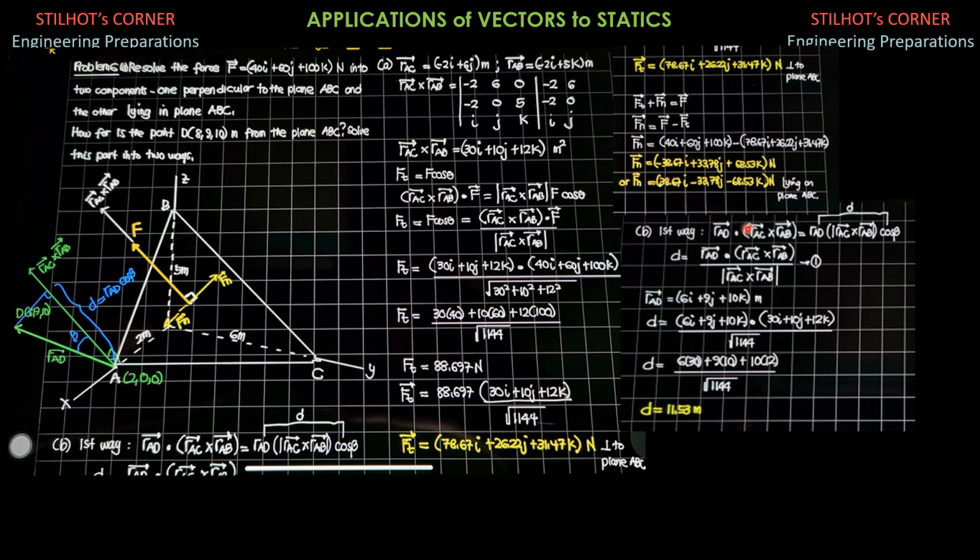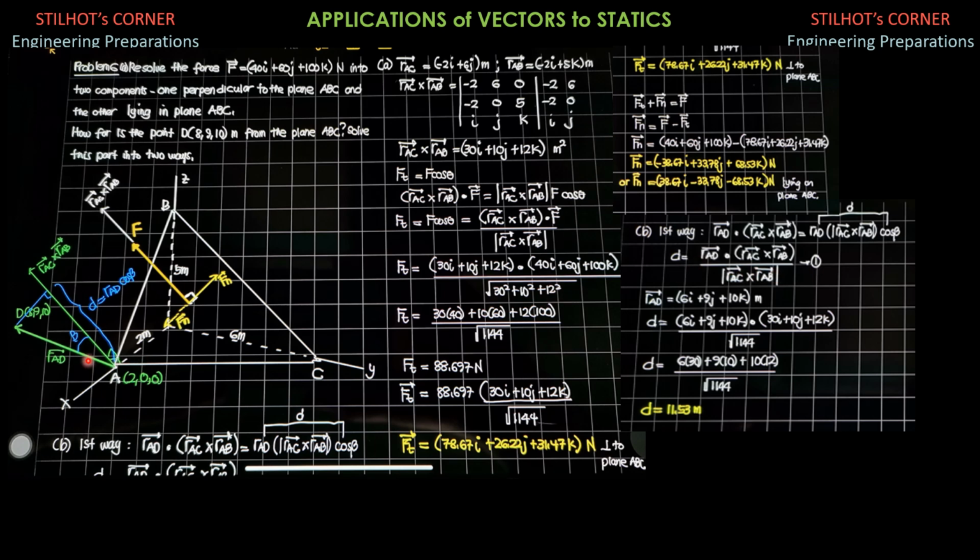Therefore, we can derive D, which is equal to vector RAD dotted with the cross product of AC and AB, divided by the magnitude of RAC cross RAB. We already evaluated this, so let's define RAD.